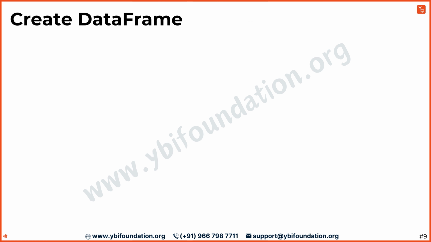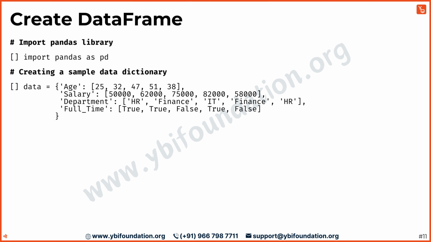We will create a Pandas data frame to demonstrate the use of the describe method for summary statistics. Let's start by importing the Pandas library. Next, we'll create a data dictionary that contains 4 columns: age, salary, department, and full-time status.